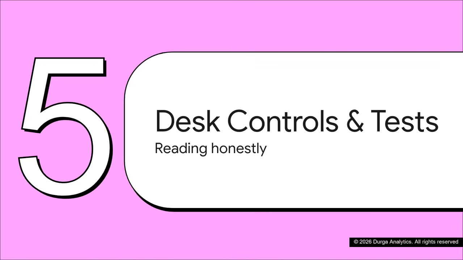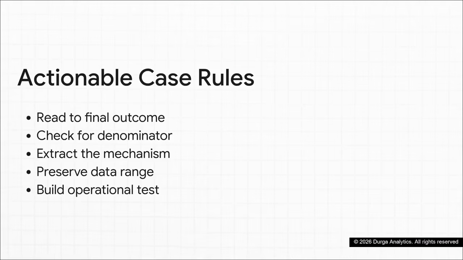Finally, Section 5. Desk controls and tests. Reading the record honestly. So how do we integrate these lessons into our ETRM systems and risk models? Your controls have to enforce an honest reading of the public record. First, always wait for the final determination to avoid headline inflation. Second, never ever cite a base rate or calculate a probability if you don't have a published denominator.